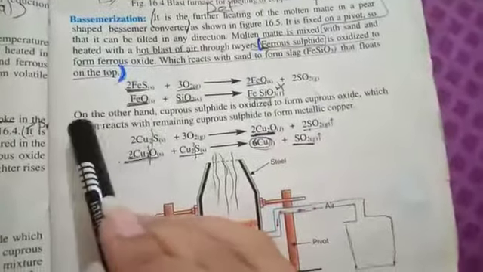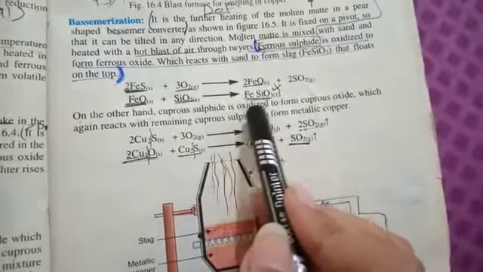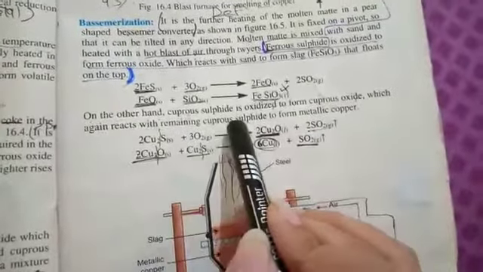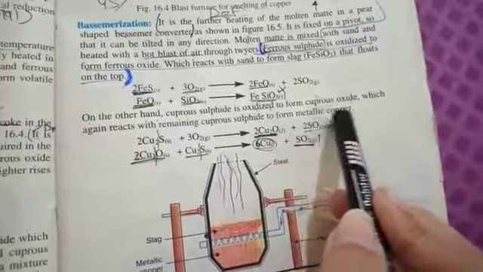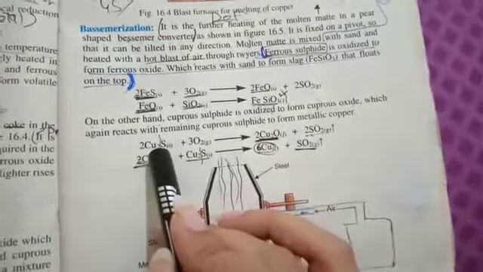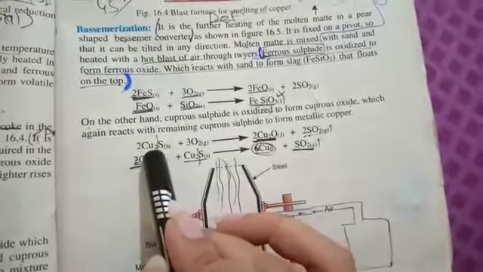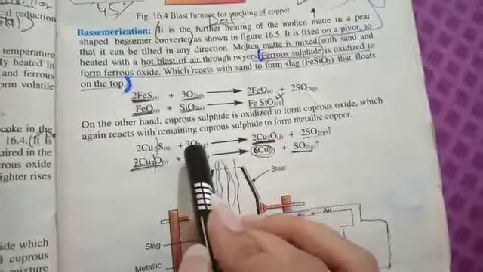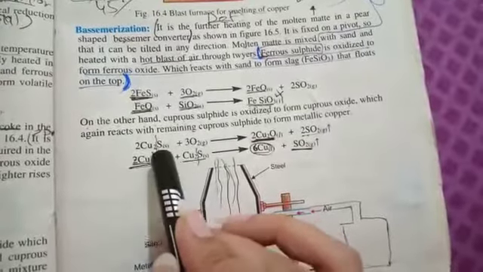We have to remove it from the copper. Now what will be next? On the other hand, the cuprous sulfide is oxidized to form cuprous oxide, which again reacts with the remaining cuprous sulfide to form metallic copper. Now, students, just look at this. Here is the second one in the matte, that is the copper sulfide. Here 2Cu2S reacts with 3 moles of oxygen.